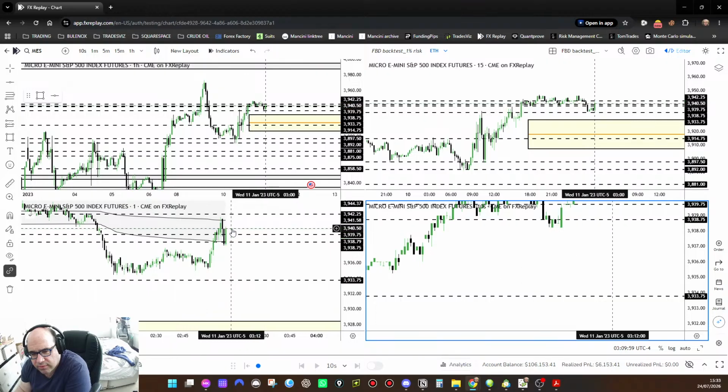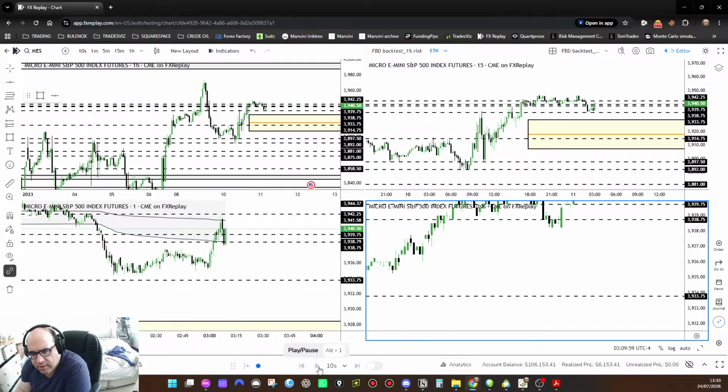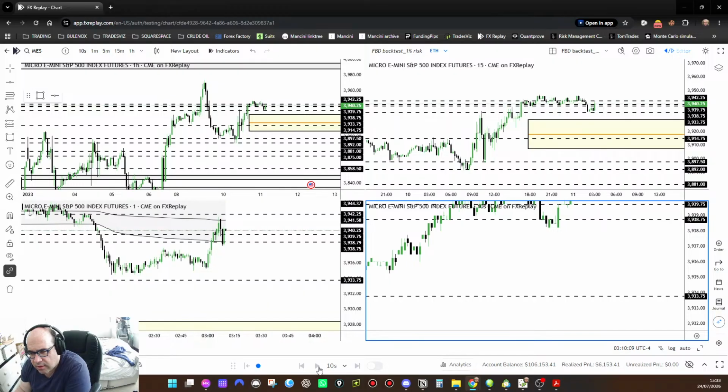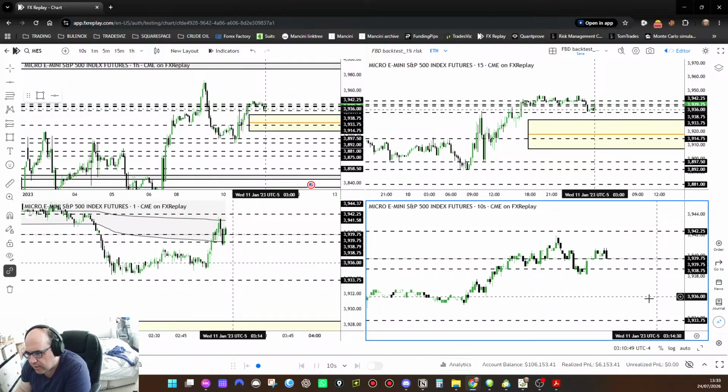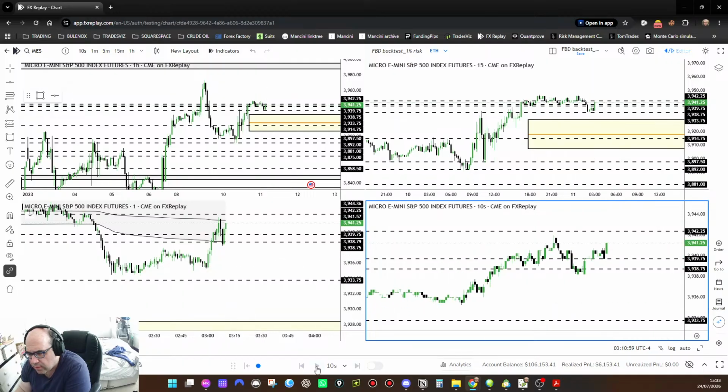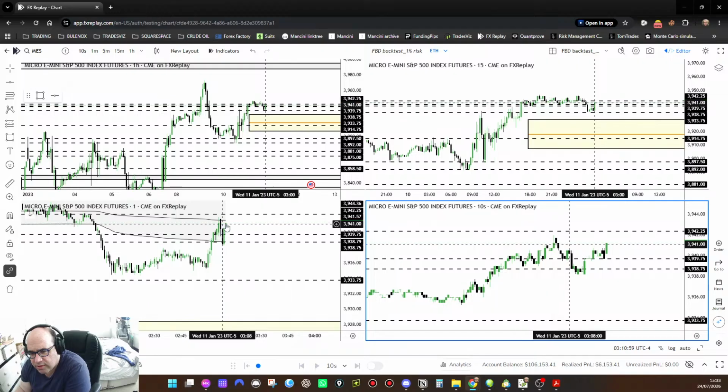Reaction here to the lows, it came back forcefully. Just waiting for the next candle to develop and see. Actually, I'm gonna see the 10 seconds. This is gonna be more revealing. Yes, we saw that. Rejection, and now we're heading up.